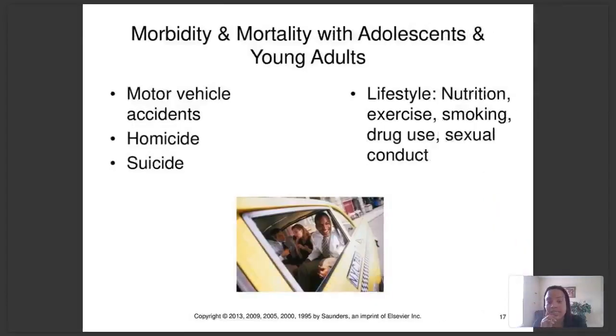Then you get to adolescents and young adults. Some of the things that contribute to morbidity and mortality for that age group: homicide and suicide, big areas that you're paying attention to. I won't say systematically, but there are particular times of the year for this age group that you may see incidences of suicide occur. MVAs, and then lifestyle choices.